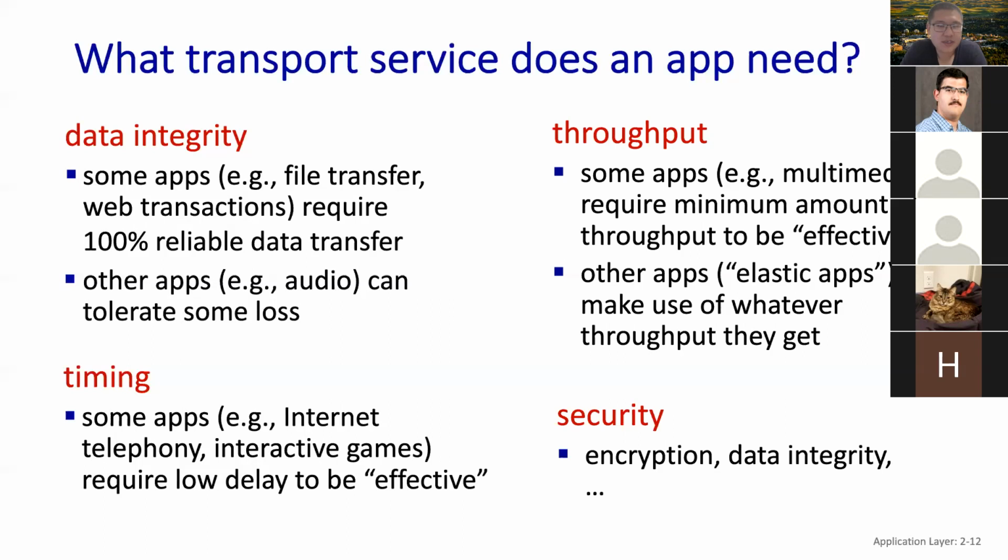For data integrity and throughput, sometimes they are in a trade-off. If you want to guarantee 100% of the data to be delivered, then maybe you cannot guarantee a high throughput, right? That's why no one refuses to receive a very high resolution picture or video, right?